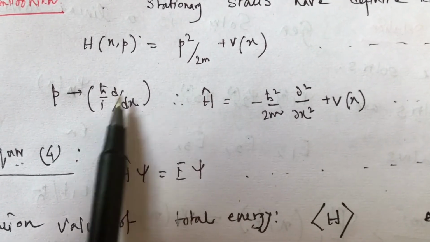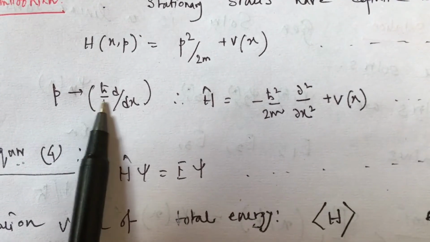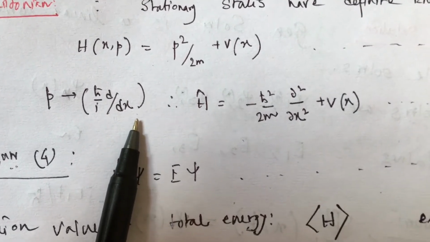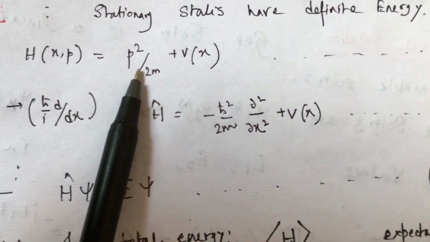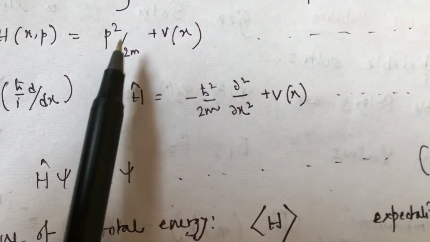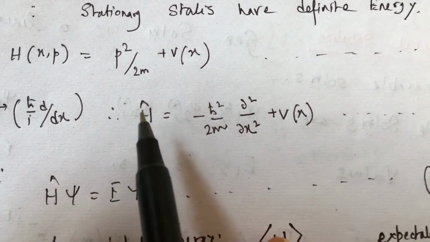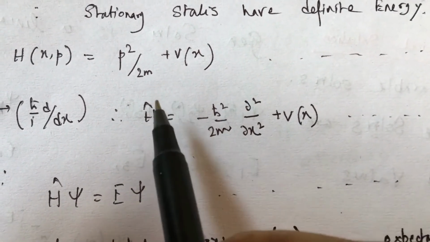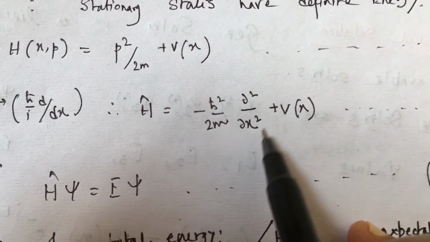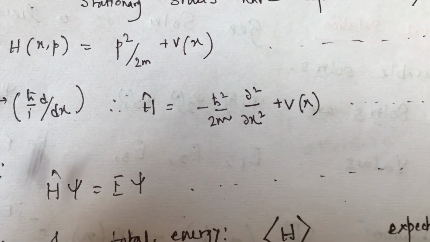If we apply p equal to this, I will get minus h cross square d2/dx square. So for p square by 2m, I need to write minus h cross square by twice m, where the 2m comes from this. So my Hamiltonian, that is the total energy, becomes this plus this. This gives me the kinetic energy and this gives me the potential energy.